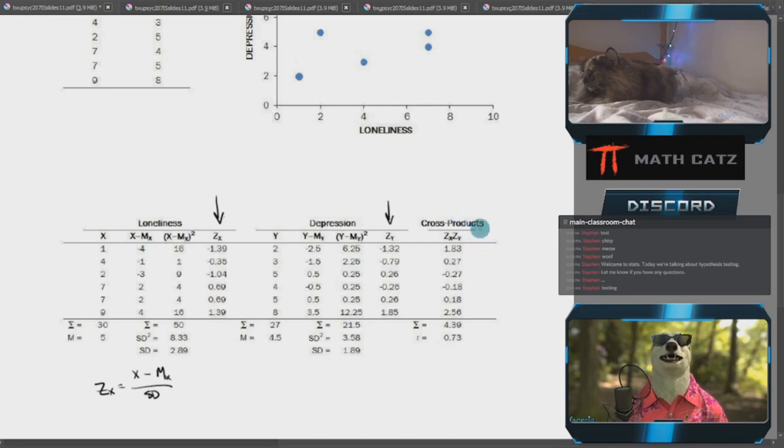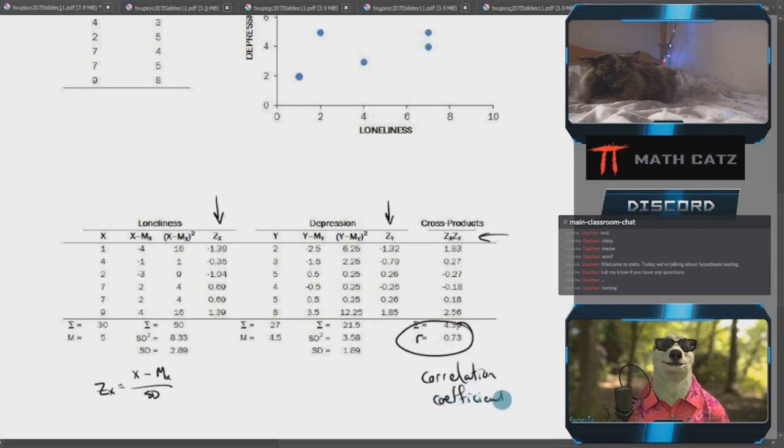What we're then going to do is, for each pair of x and y values, for each person in the study, we're going to multiply the z-scores together, and then we're going to average that to get our correlation coefficient, that we are going to call R. So that is going to be the number that tells us something about that.